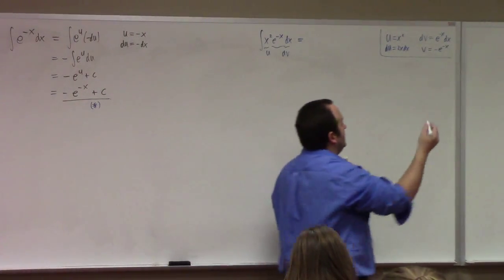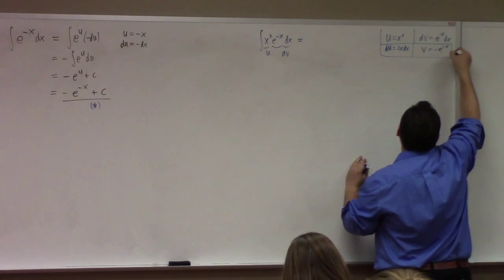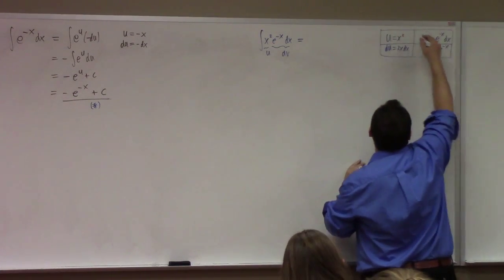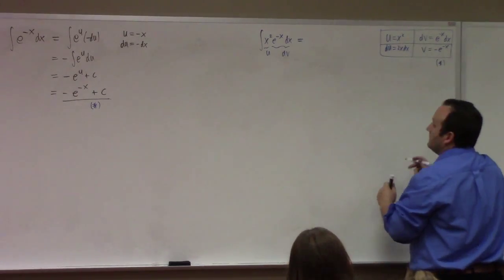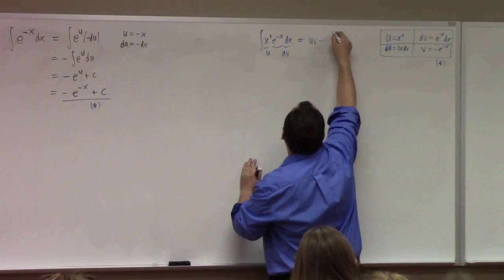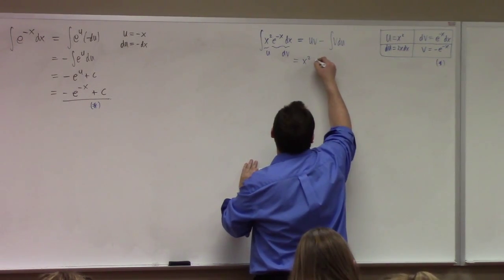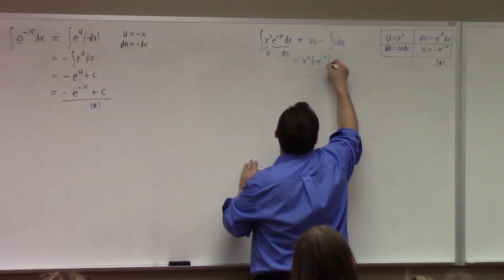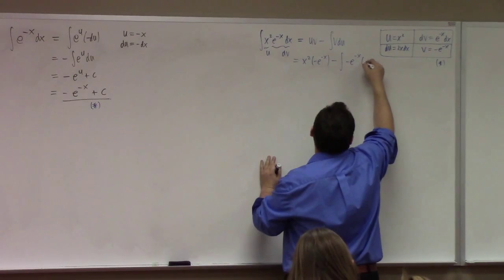Or if you like, you can just think about differentiating my v and see that you need the minus by the chain rule. You guys see what I'm doing so far? So we do integration by parts: uv minus the integral of v du, which is x squared times minus e to the minus x minus the integral of minus e to the minus x times 2x dx.